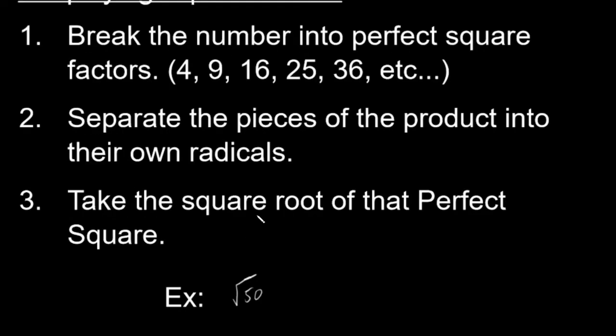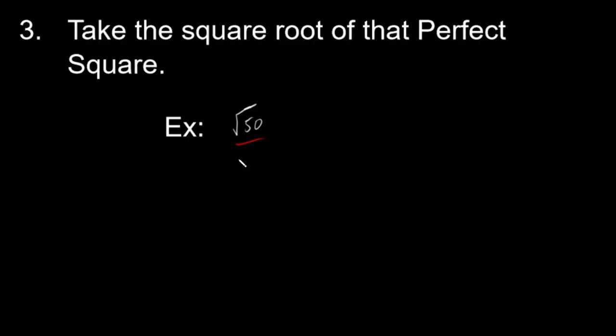The first thing we want to do is look at the number you're given. In this case, it's 50, and we're trying to simplify this, simplifying square roots by hand. What you want to do is break the number into perfect square factors. The idea here is you want to break 50 into a factor pair, like 1 and 50, 2 and 25. 3 doesn't go into 50, 4 doesn't go into 50, 5 and 10, right?